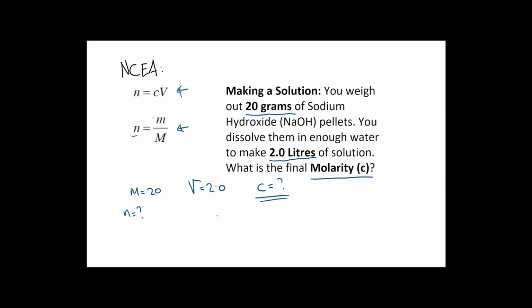So the mass, this should actually be a little m. It doesn't look like a little m, but it's a little m, and we need to find big M. We need to find the big M of NaOH, and that's going to be the molar mass of sodium plus the molar mass of oxygen plus the molar mass of hydrogen.